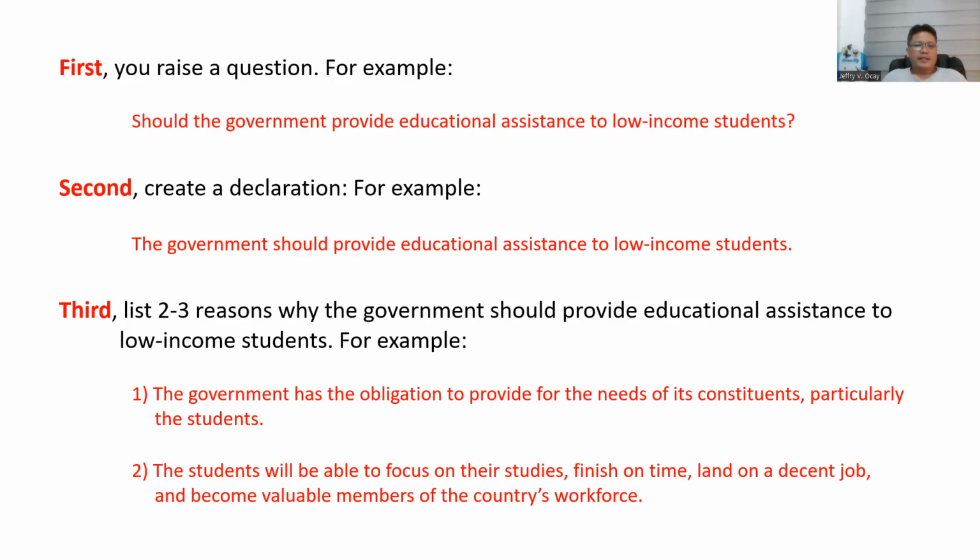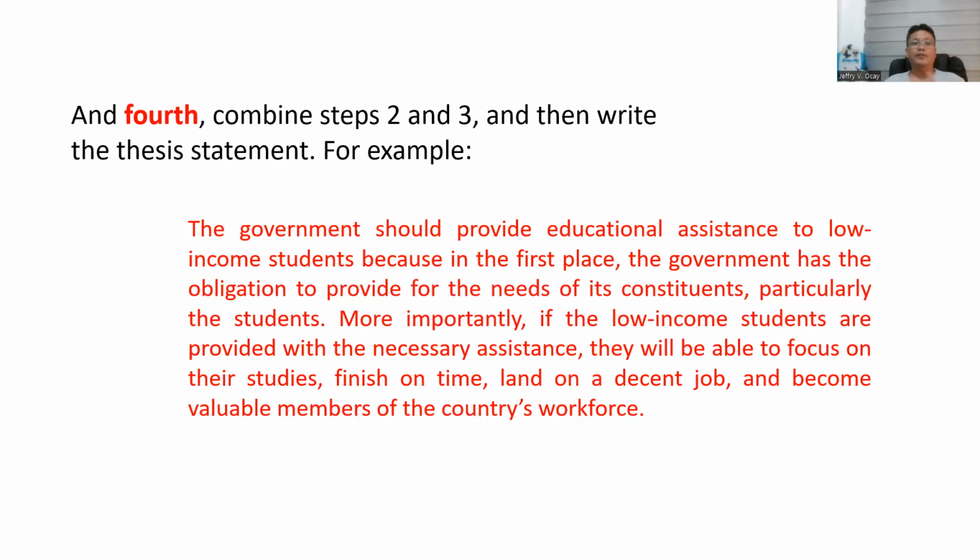And the second reason is, the students will be able to focus on their studies, finish on time, land a decent job, and become valuable members of the country's workforce. That's the third step. Now, the fourth and last step involves a combination of steps 2 and 3. So in the fourth step, you combine steps 2 and 3 and then write the thesis statement.